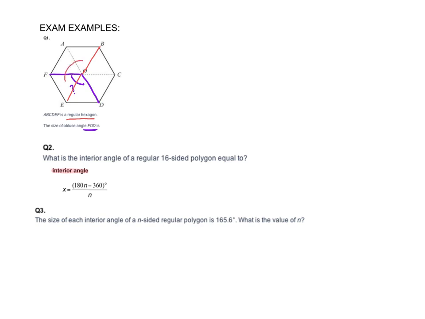Around here would be 360, so all these little tips of those triangles will be 360 divided by 6, which equals 60. If one of them is 60, you can see I have 2 of them here, one here and one here. So the angle, sometimes they write it like that, FOD would equal 120 because it's got 2 of those in there.